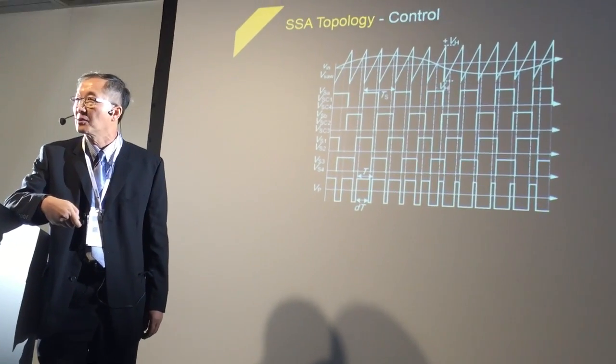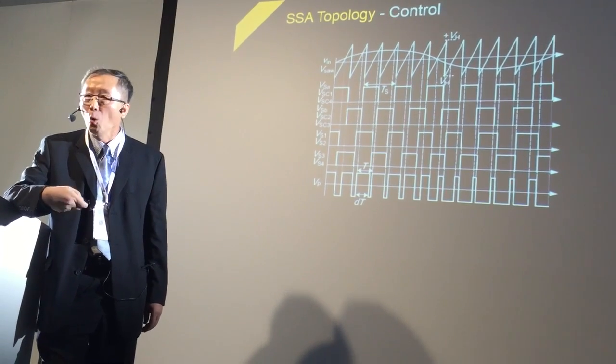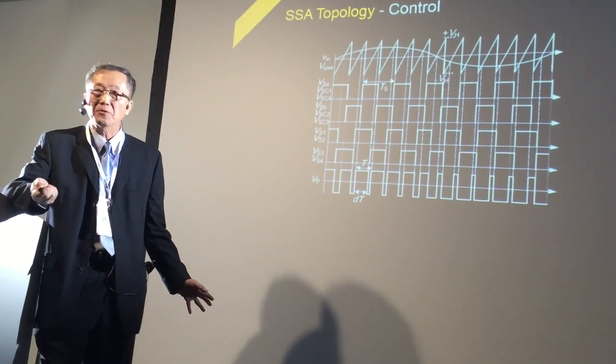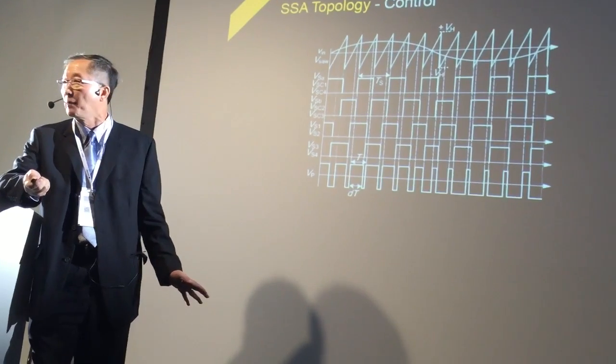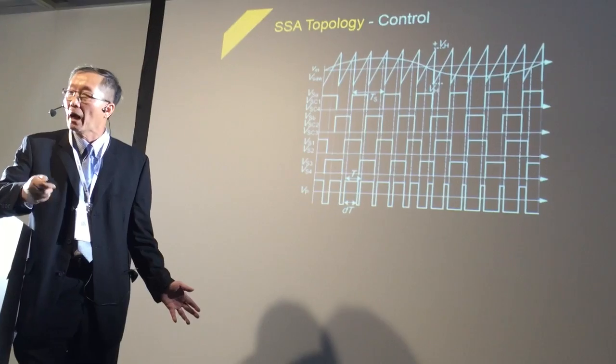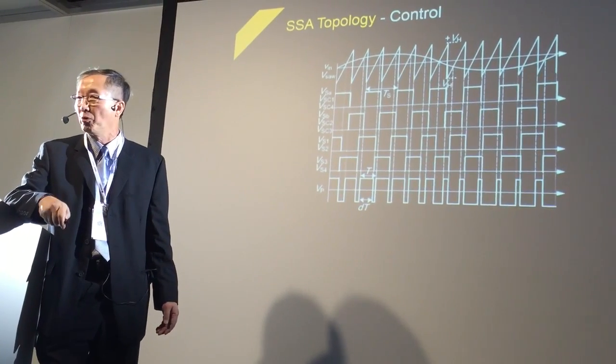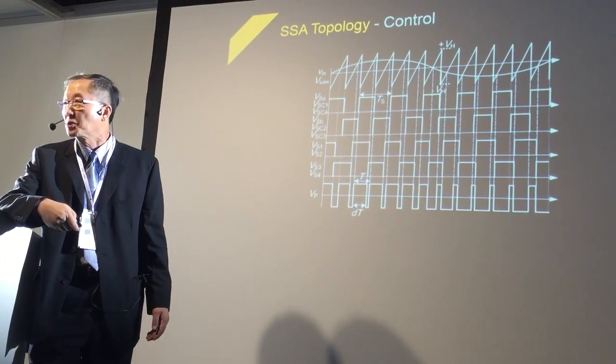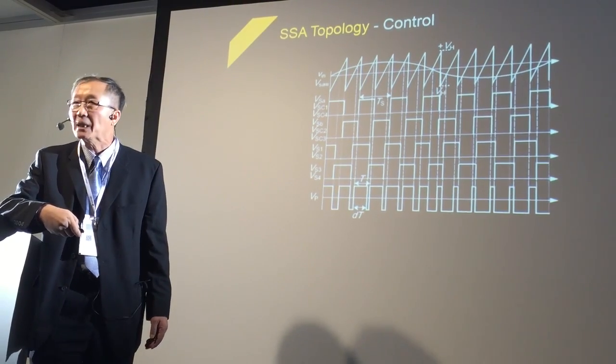For this scheme, all switches work at a 50% duty cycle. There's no dead time. So from theory or from an operational standpoint, it has zero crossover distortion. Has much better sound.